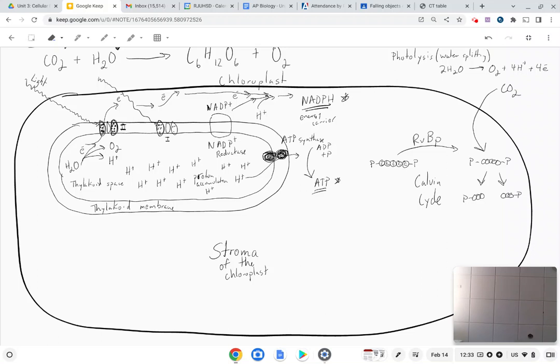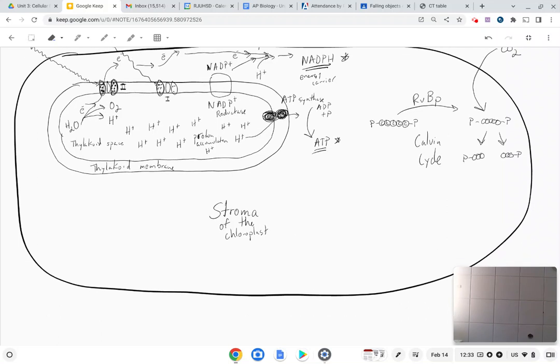Okay, so one of these 3-carbon molecules will react to form glucose. So this is going to produce a glucose molecule. And you're going to need 2 of them.